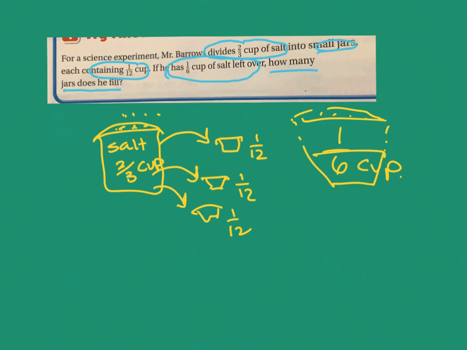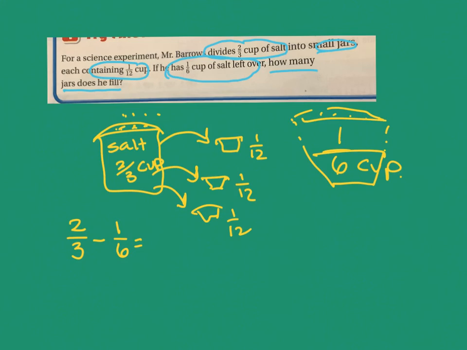So I guess what I'll do is I'll start with how much he started with and how much was left, because then that's going to tell me how much was used. So we started with 2/3 cups, and he has left 1/6. So let's take the 1/6 he has left out of there so we can find out how much was used.